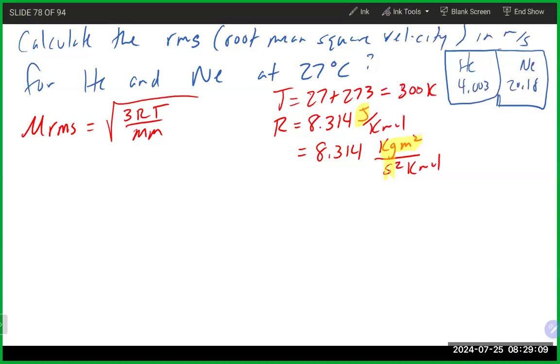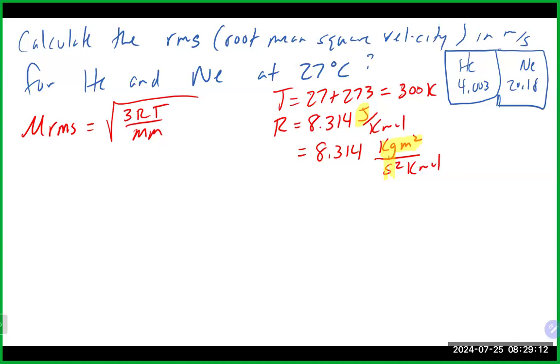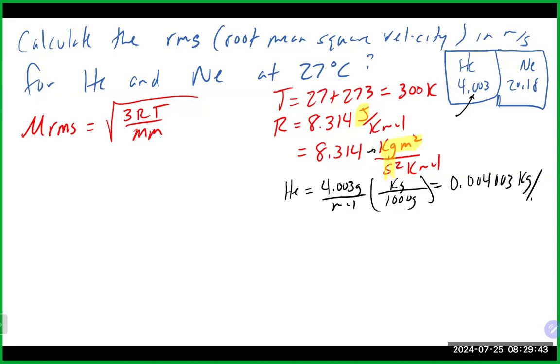So at this point, that is also the determining factor because there is a kilogram here. We do need to convert our molar mass from grams per mole into kilograms per mole. So if we did it for helium, that is 4.003 grams per mole. There are 1,000 grams in a kilogram, so we'll basically move the decimal place over a few places, and that will give us something like 0.004003 kilograms per mole.